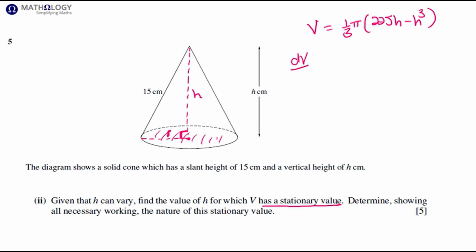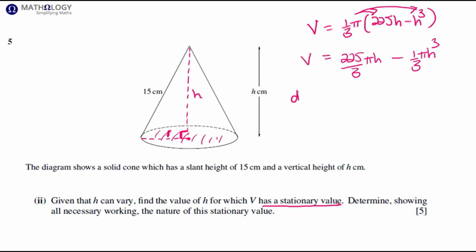So dv dh. Before we do that, we're first going to bring the third pi into the brackets. We can use the chain rule, but if you haven't used the chain rule before, then this is the way that you need to approach the derivative. So we'll have 225 over 3 pi h minus a third pi h cubed.